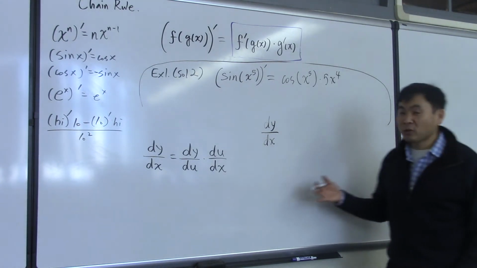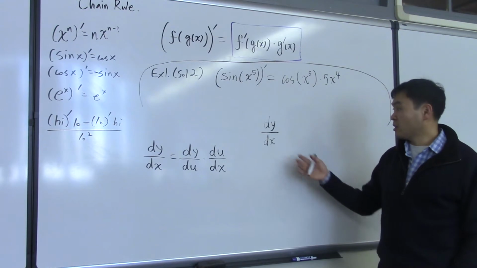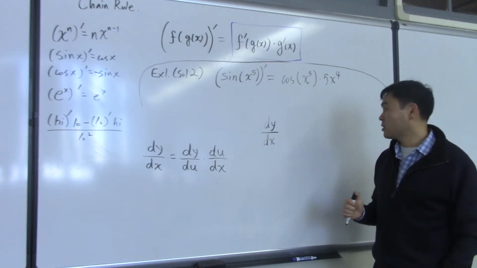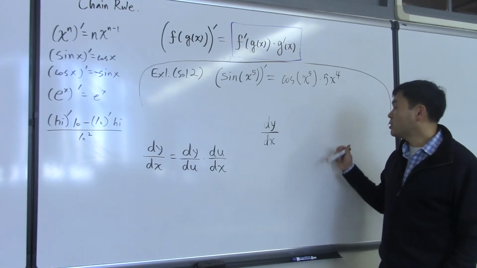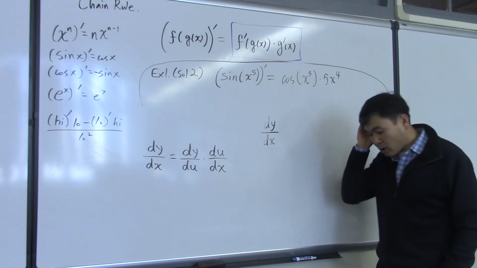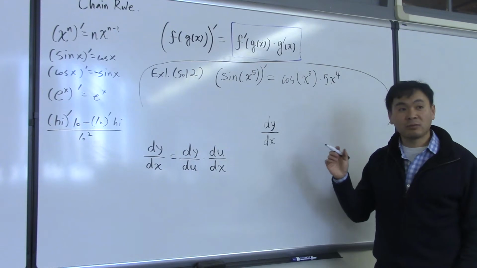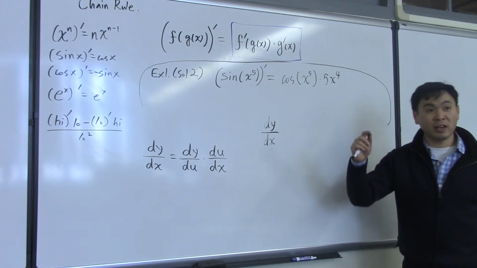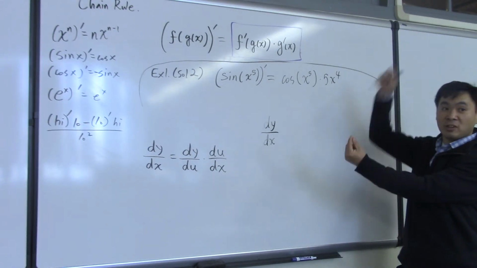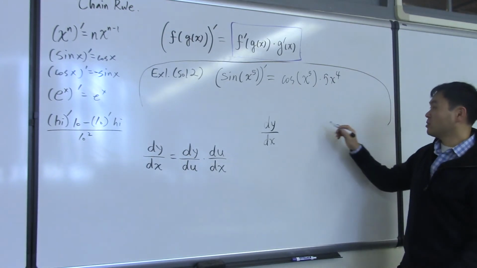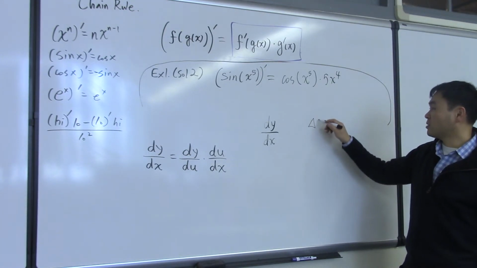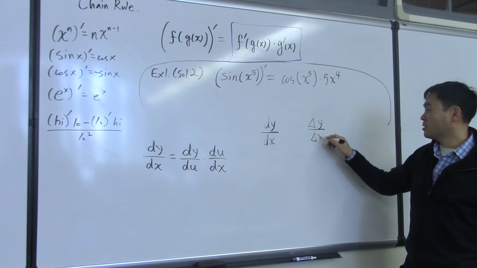And there's actually a very natural reason for his writing of dy dx. See, if you recall, derivatives were the limit of the slope of the secant line. So when you take 2 points and you draw secant lines, you calculate the slope, right? It's change of y over change of x, right?